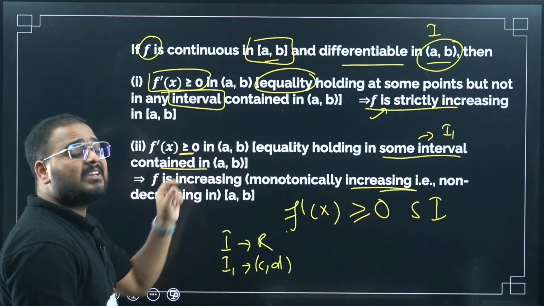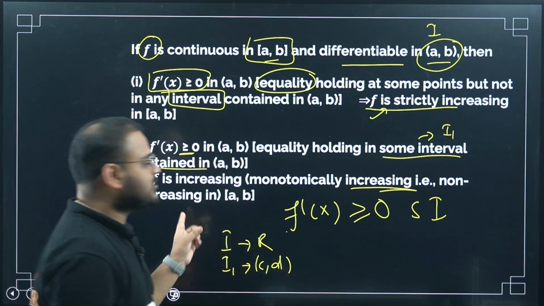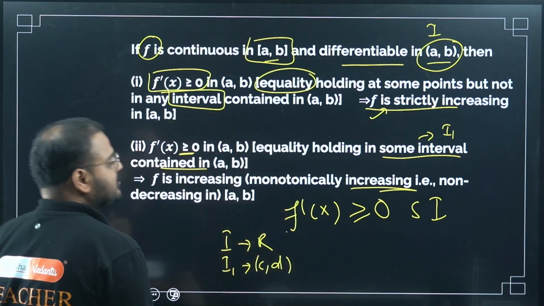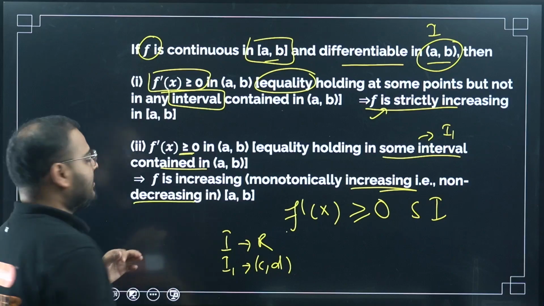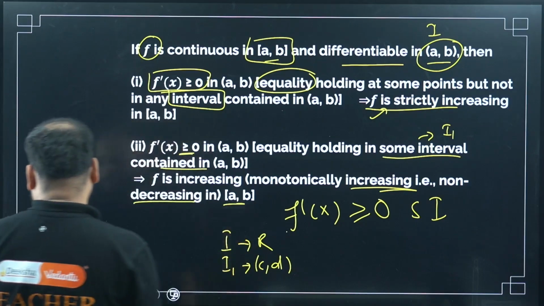I will not call it strictly increasing, only increasing. I also wrote this statement: an increasing function can also be called a non-decreasing function, in the closed interval A comma B. I hope this is clear.